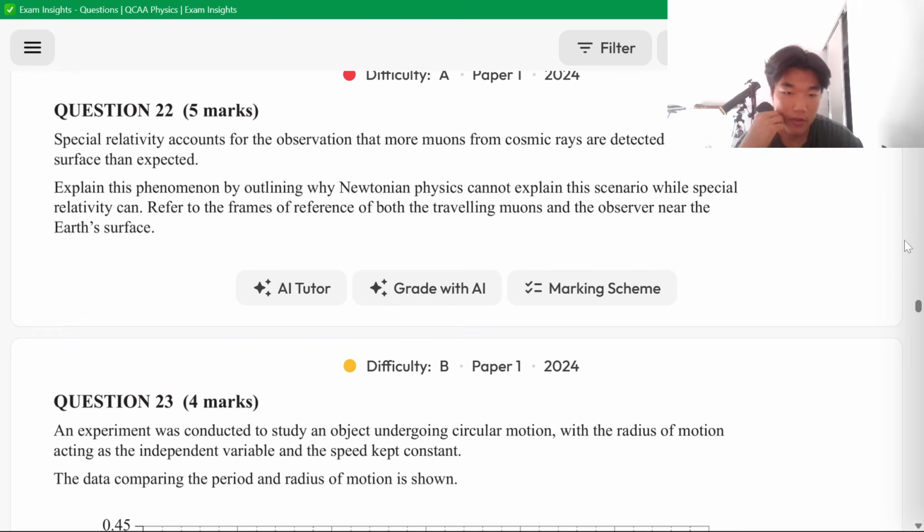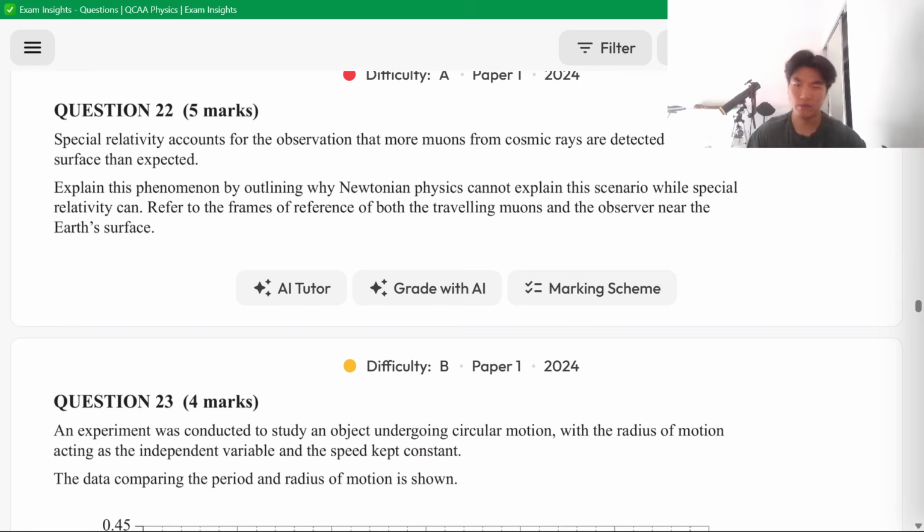And also due to length contraction, in the frame of reference of the traveling muons, they only need to travel a shorter distance than the length measured by the person on or near Earth's surface.